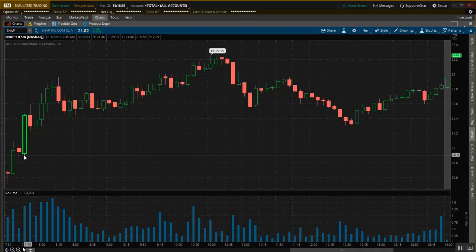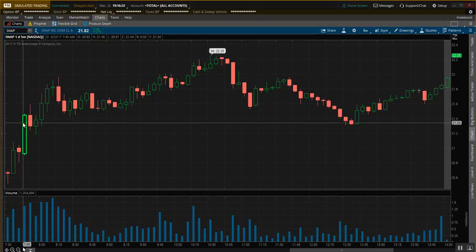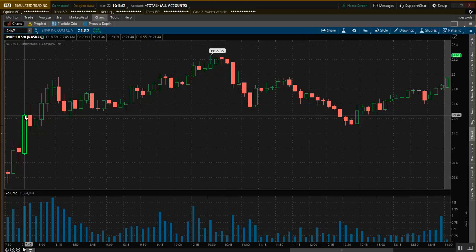This bottom represents that it got down to $20.90, and then it got up to 21.46, and then closed at about 21.44. So that is what this means.